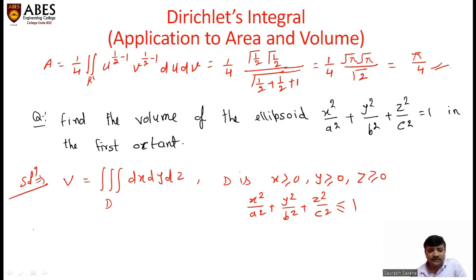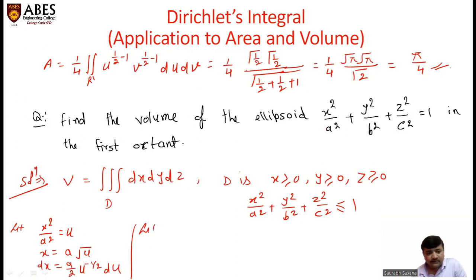So what we'll do, we'll again do the same job that has been done earlier. We'll consider let x square upon a square is equal to u, and this gives x is equal to a root u, and this gives dx is equal to a by 2 u raised to the power minus 1 by 2 du.